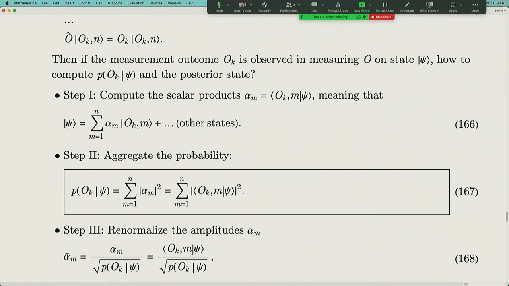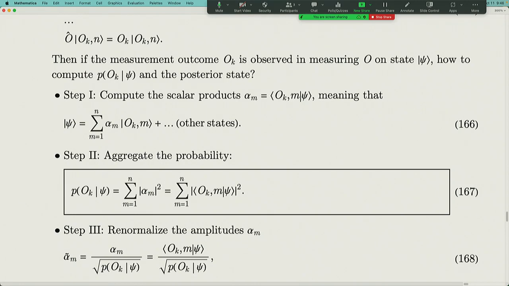We only care about the projection of the original state in the subspace spanned by all the state vectors which are degenerate and correspond to eigenvalue O1. Okay? So this is the way to compute this projection, and then this is the way to compute the length of the vector.